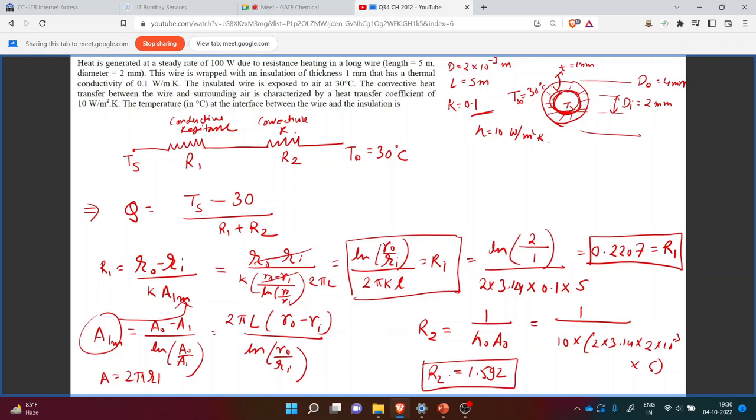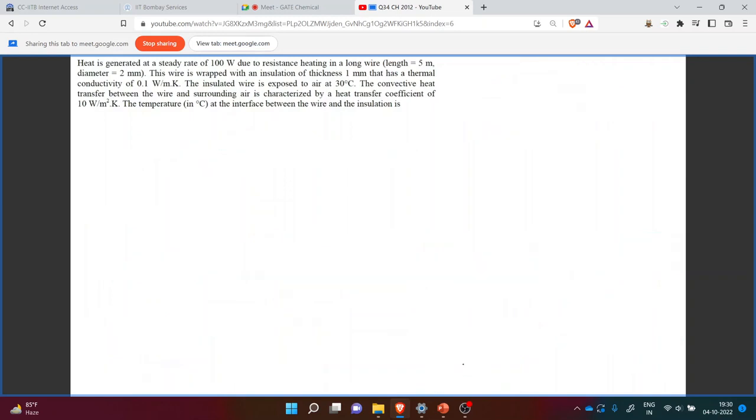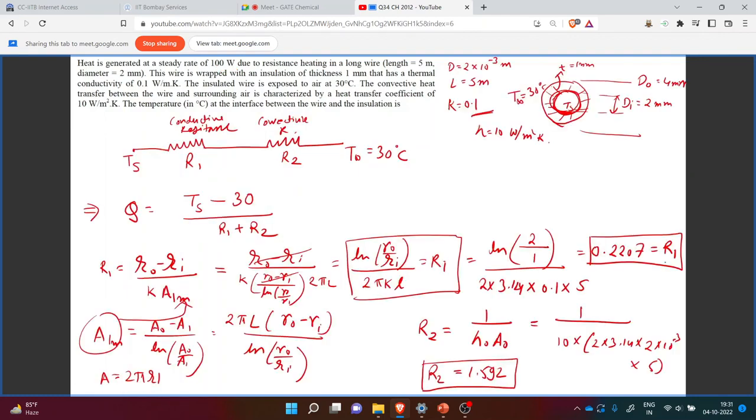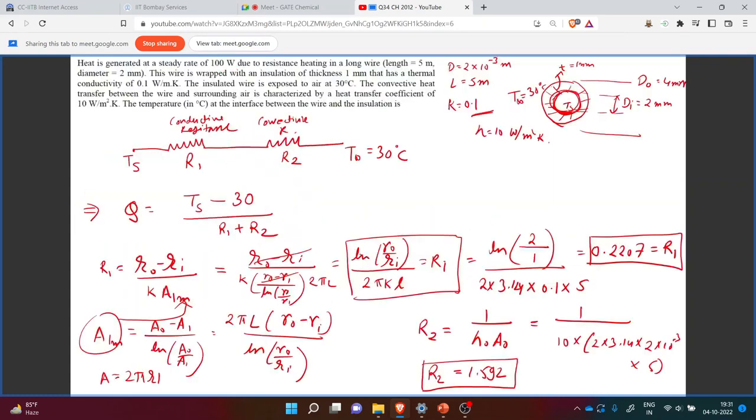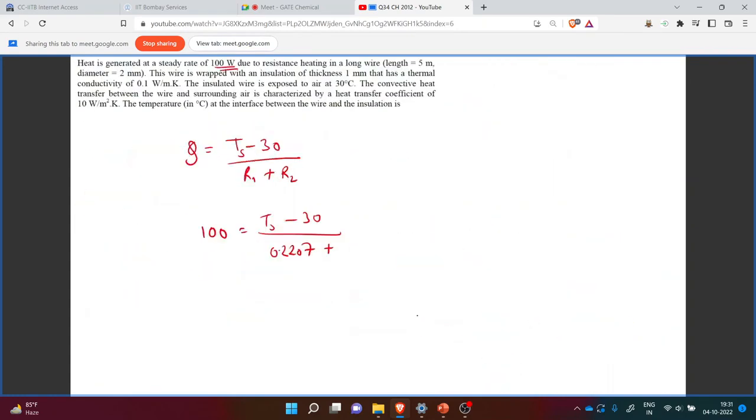So we have these resistances R1 and R2, and now we will be putting them into this heat balance equation, that is Q is equal to temperature at surface minus 30 upon R1 plus R2, and Q we have been given as 100 watt. So 100 is equal to Ts minus 30 upon R1, which we had as 0.2207, plus R2, which we have as 1.592.